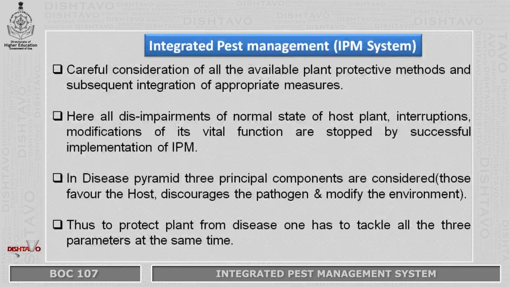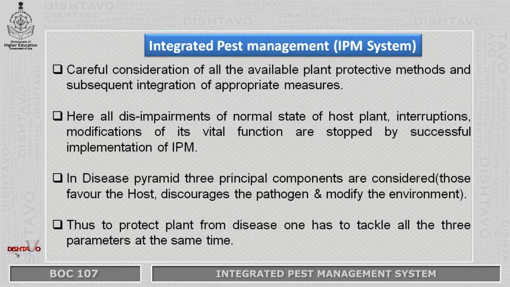Coming to the introduction. Before the introduction, we need to know what a plant disease is. Plant disease involves three components: plant host, pathogen and environment. When these three components interact, what we get is plant disease. Now the IPM system is a control measure to control plant disease.